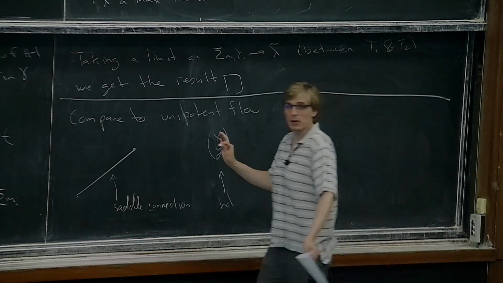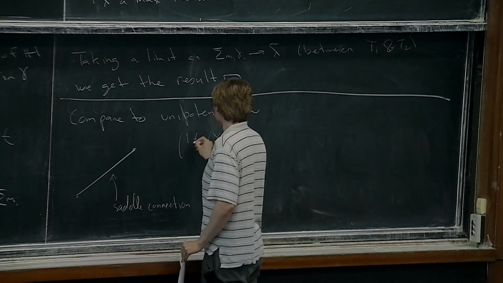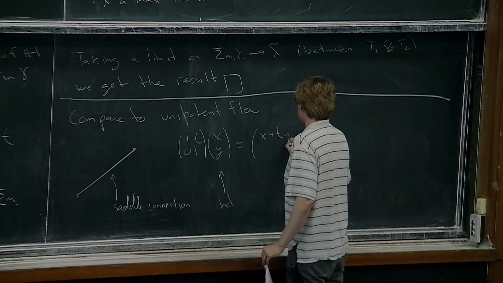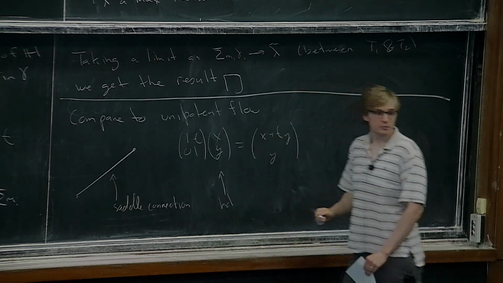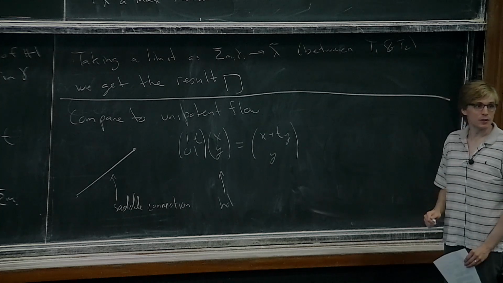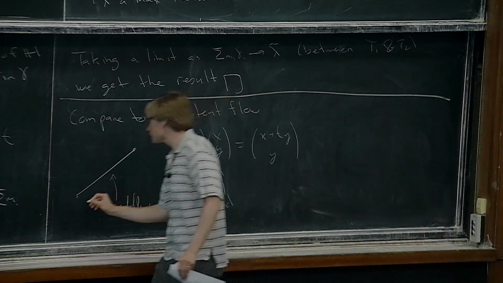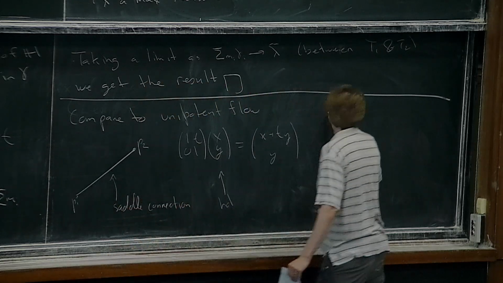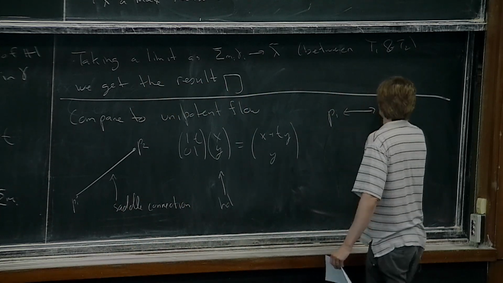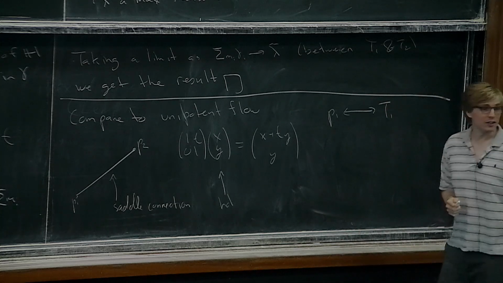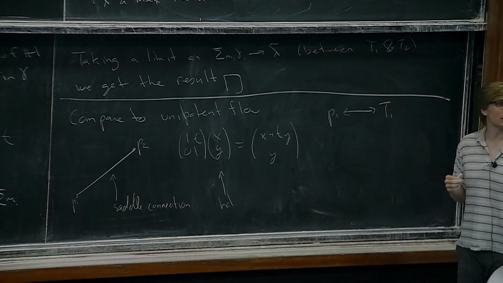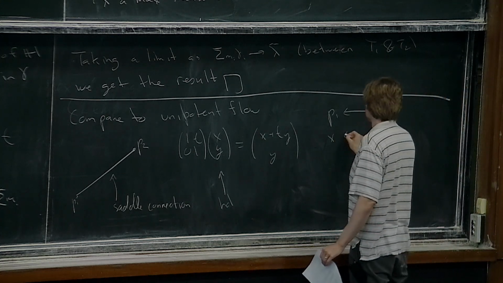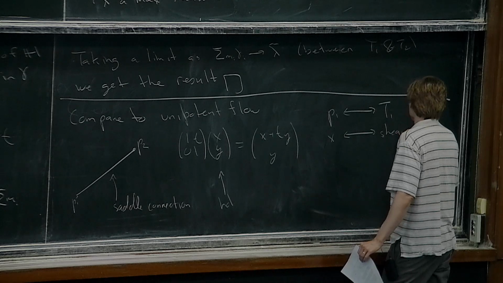Okay, and the basics of unipotent flow is this equation. So let's call these points P1, P2. So Pi corresponds to the triangle, right? Because each singularity becomes a triangle in the associated lamination. And X corresponds to the shear.